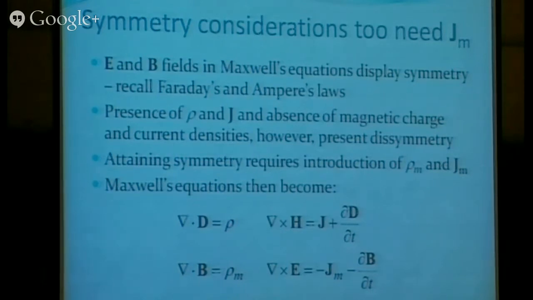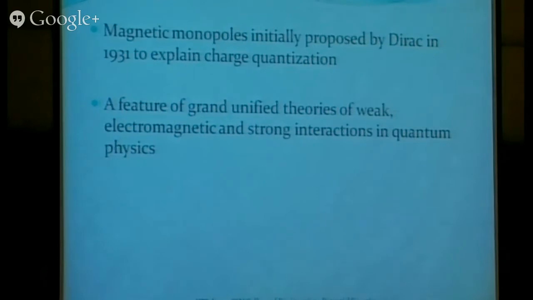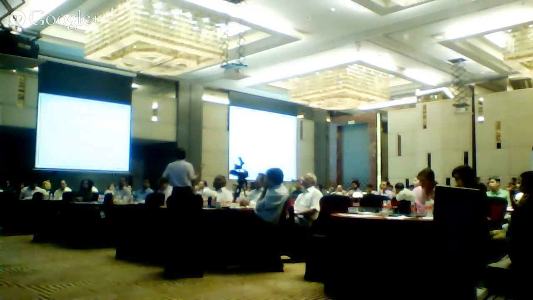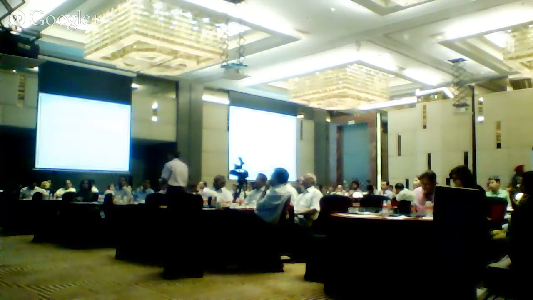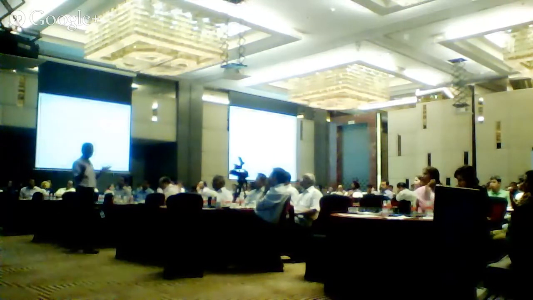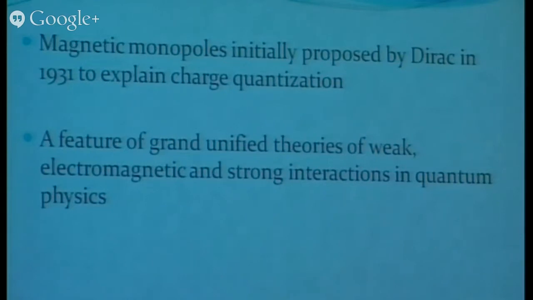Of course, it is not only from the viewpoint of symmetry, because as far back as 1931, Dirac proposed something. Charge is quantized, and we have not found why charge is quantized, though we take it as a fundamental law. But Dirac proposed that if we could find even one magnetic monopole, that could be used to explain why charge is quantized.